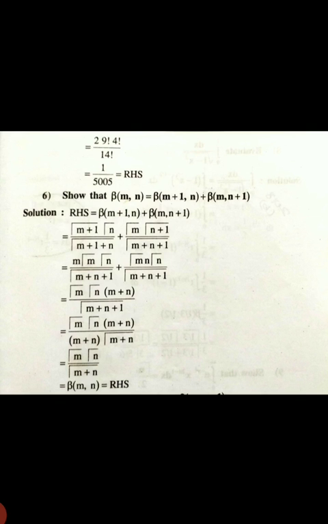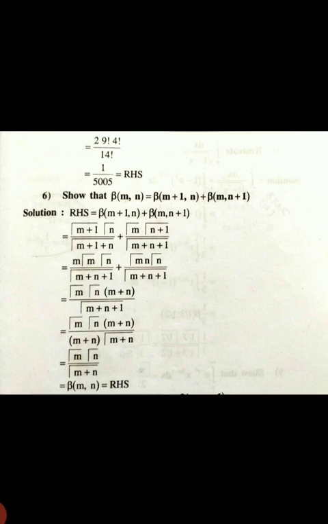Okay, plus the second term is beta of m, n plus 1. For that the formula is what? Gamma m as it is, for n plus 1 it is gamma n plus 1, divided by gamma m plus n, replacing n plus 1, that is gamma m plus n plus 1. Here I am applying the relation between beta and gamma function.